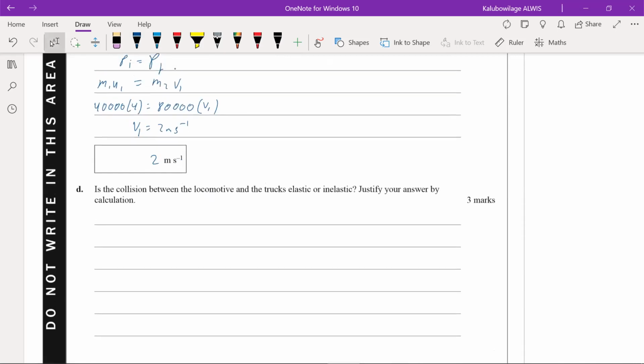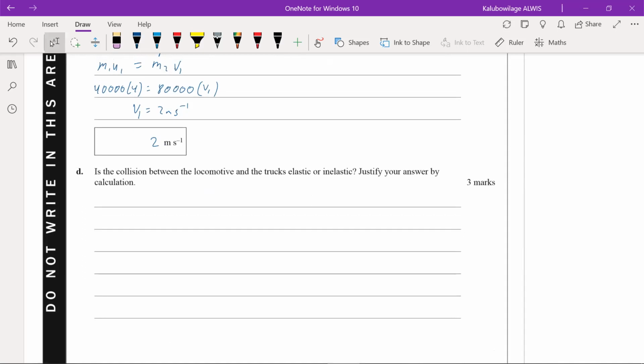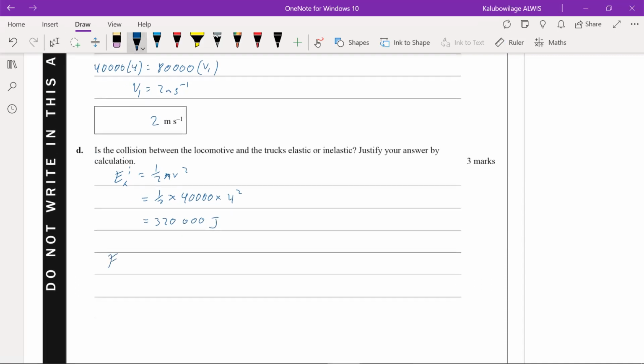For the collision, is it elastic or inelastic? We're checking if the kinetic energy is the same before and after. The initial kinetic energy is half times 40,000 times 4 squared, which is 320,000 joules.